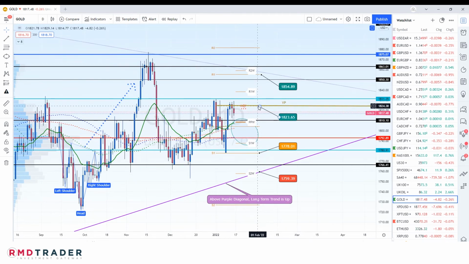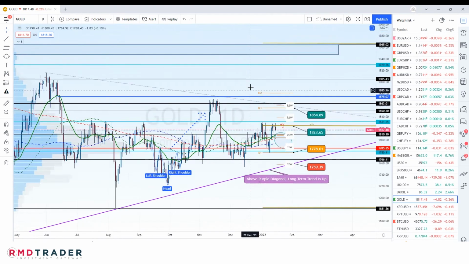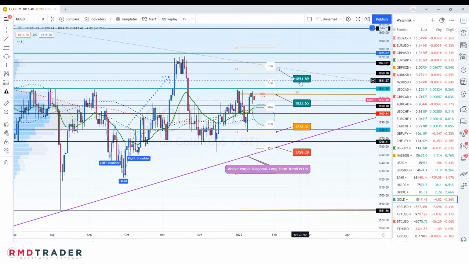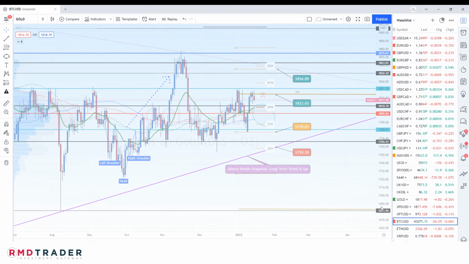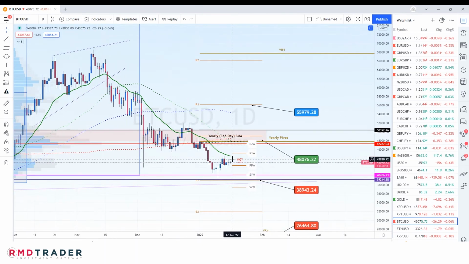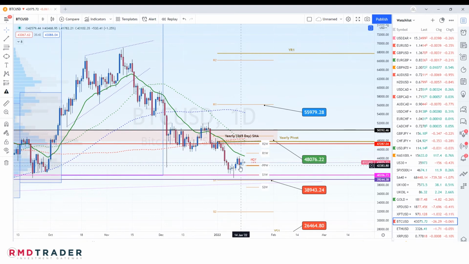Once we clear the yearly pivot and we get a nice strong close above those highs that we've seen previously testing the pivot, that will then send us towards the upper diagonal resistance, which would be somewhere in the line of 1,850. And finally, let's conclude by having another look at our cryptocurrencies and Bitcoin. The cryptocurrencies have been very slow and mostly consolidating over the last 2-3 weeks, depending on how we look at it.